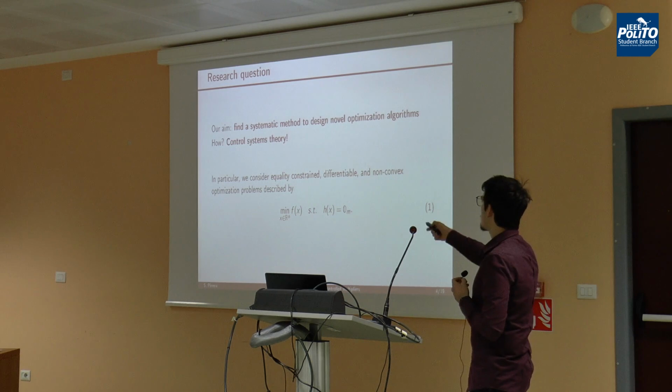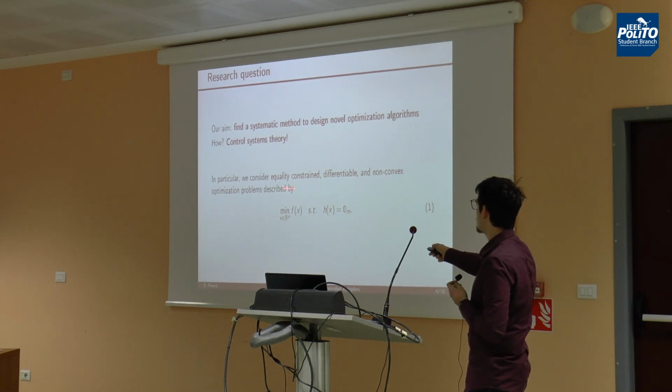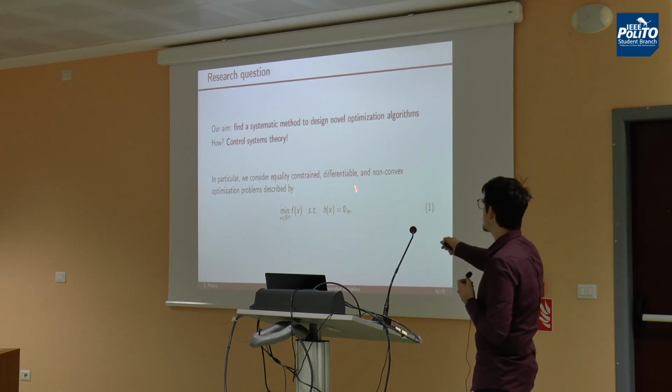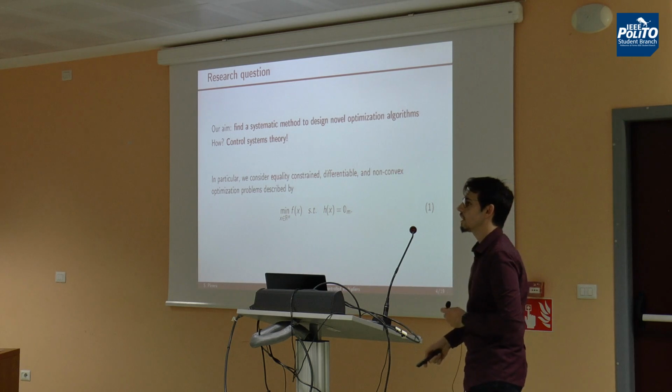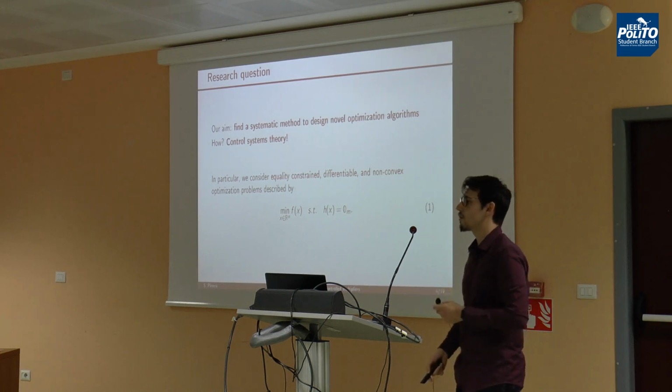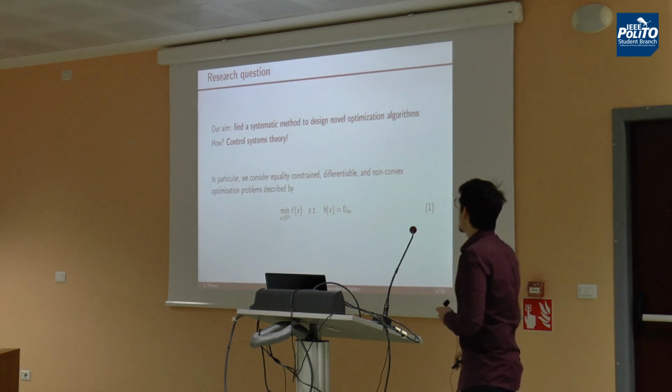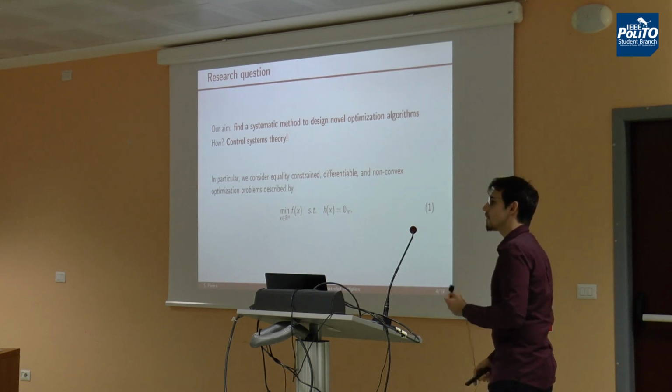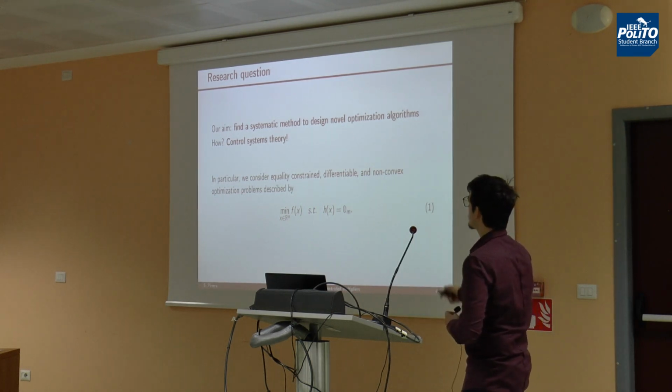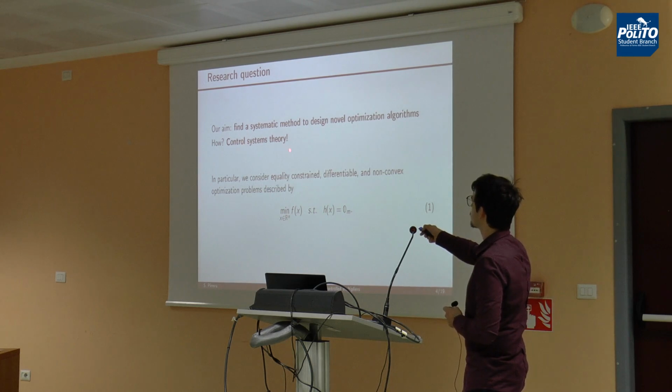In particular, the kind of problems we consider are equality-constrained optimization problems, which have this form, which we assume to be differentiable, but in general non-convex and therefore NP-hard. And not only it turns out that this can be done, but the way to do so is using control system theory.